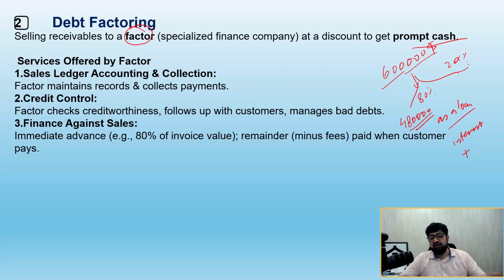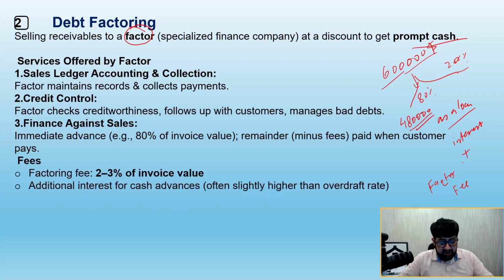Later on, they will collect the money from the customer as well. And they charge a factor fee as well, maybe 0.5%, 1% of total credit sales, or whatever is agreed with them. So the factor fee is 2 to 3% of invoice value. They charge that, and on the advance they make, they charge interest.